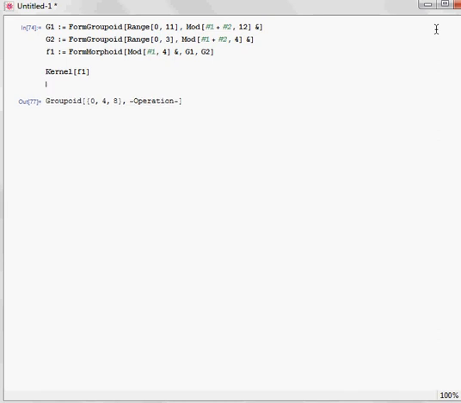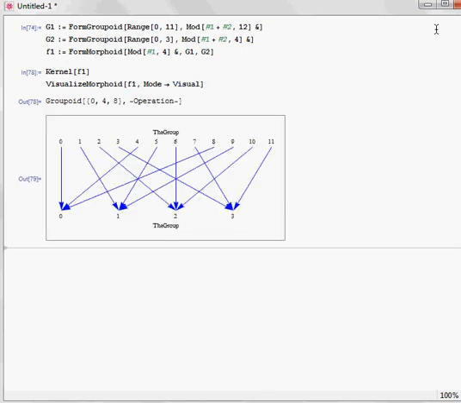I could visualize the morphism. Like this.